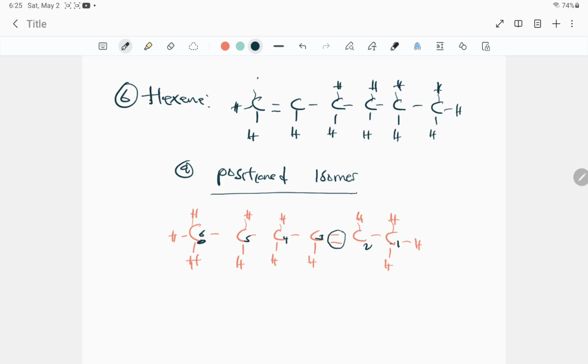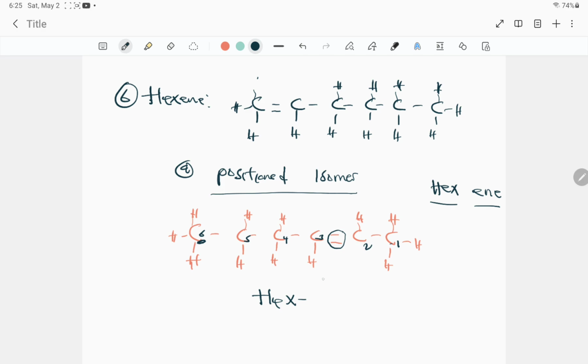So after we do this, the importance of doing this is to write a name now. So for me to write a name, I know that this one is hexene. Now the alkenes, they have 6 letters. Okay. So for me to write the name now, I'll follow this pattern. I'll say hex, then hyphen, the double bond is on carbon number what?